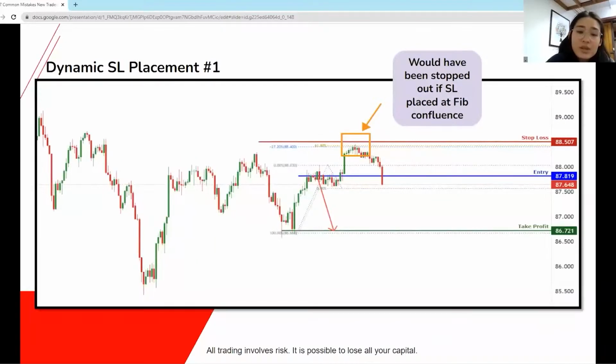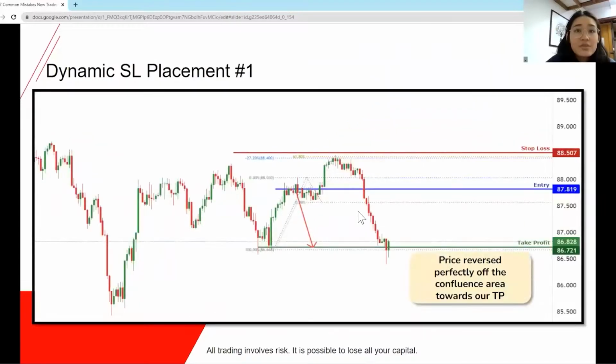If we had put our stop loss right at the confluence area, we would have been stopped out. You can see from this little arrow that we've highlighted. Price is often attracted to strong areas of support and resistance before reversing off of these areas. And you can see after that, it immediately dropped back down as we expected towards our take profit.